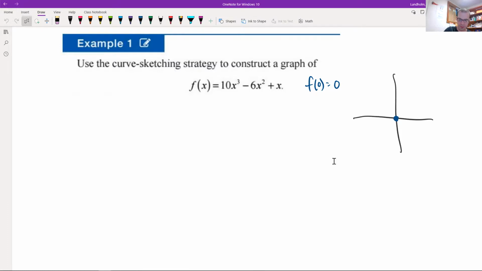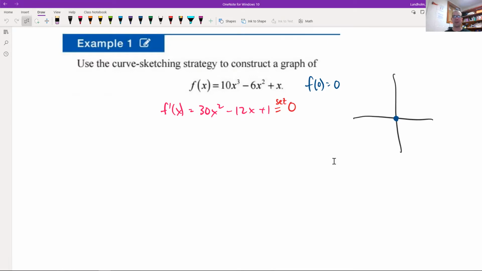Yeah, let's take some derivatives. First derivative would be 30x squared minus 12x plus 1. And we would set this equal to 0 to find some critical points.